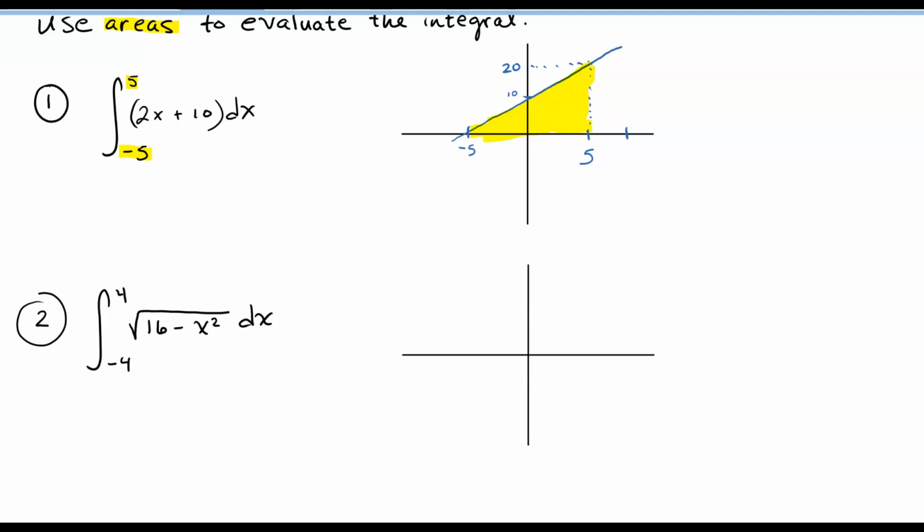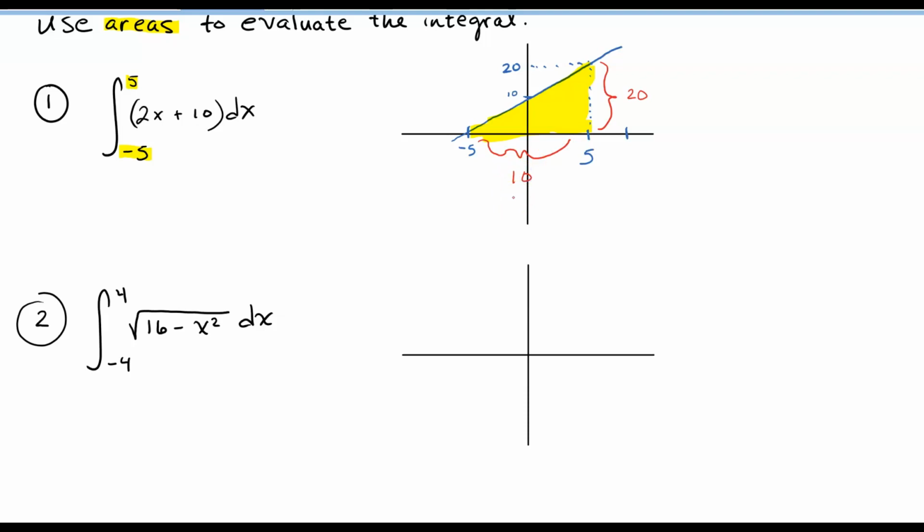Let's see here for a second. The height of the triangle here is 20 units. And the base of the triangle, from -5 to 5, is 10 units.